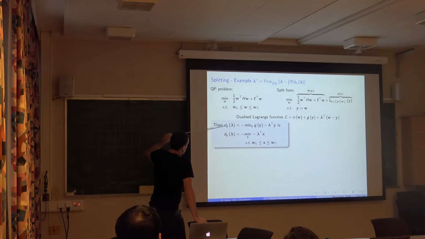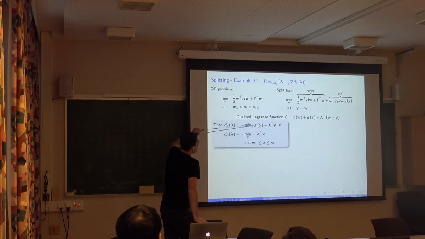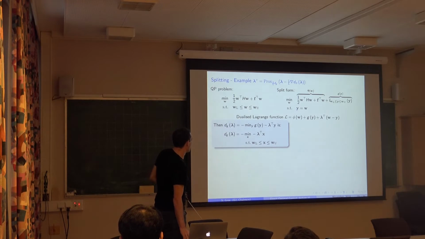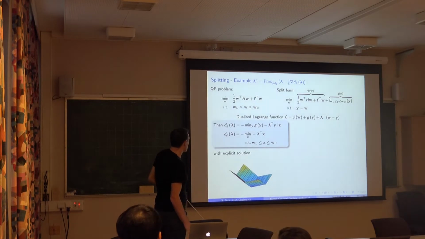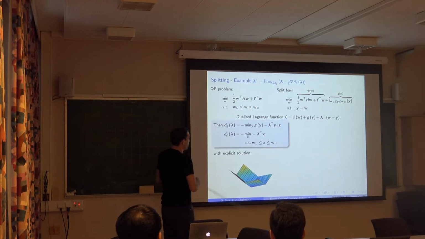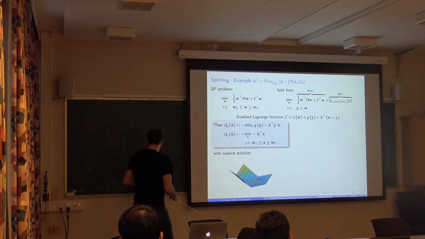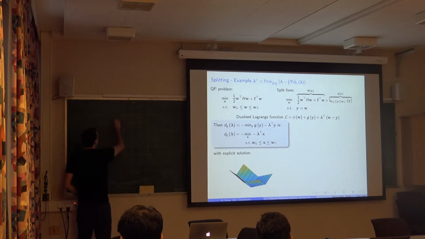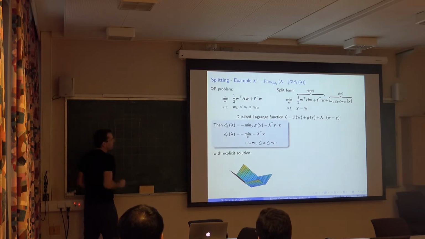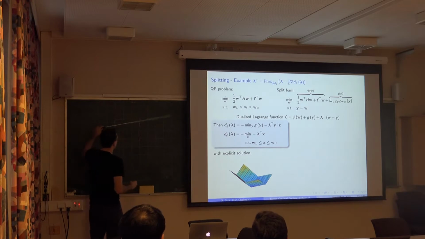So your dual function for g, it's basically this g minus lambda transpose y. You can obviously also reframe that as this is a cost to minimize, and you want this one to not be infinity. So you want the variable to be within the bounds. So it's actually a simple linear program in that sense with these bounds. And this guy has an explicit solution for these simple bounds. You can imagine in some sense that these bounds are creating a box, and the lambda is a pointer in some specific direction.